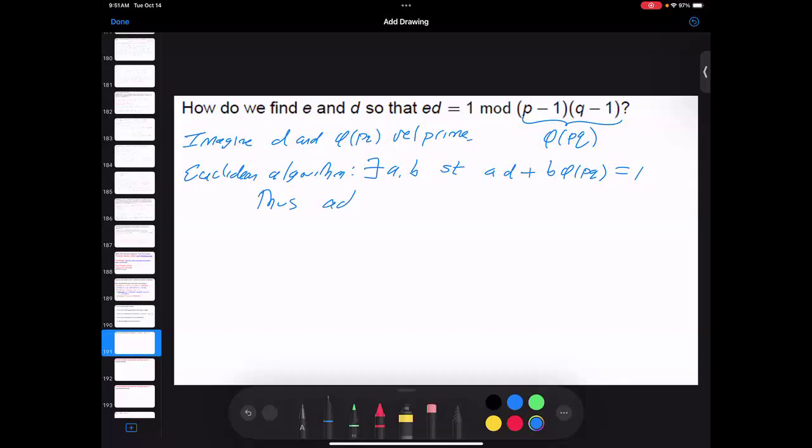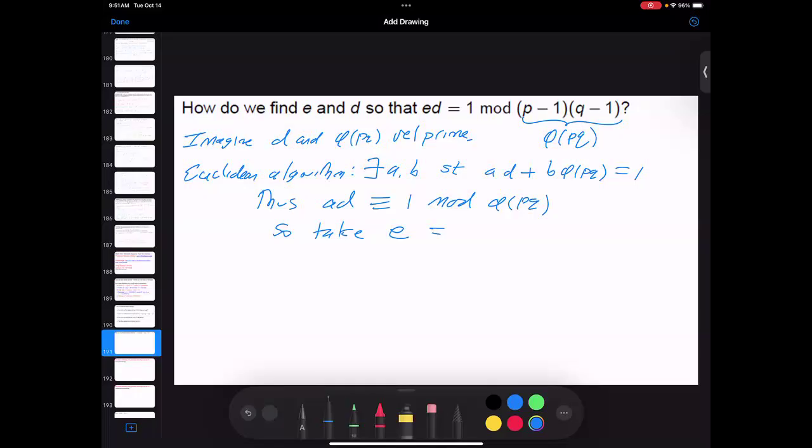Thus, ad is congruent to 1 mod phi of pq. So what should we take e to be? So what would our e equal? We're trying to find a number such that when we multiply d by it, we get 1 mod phi of pq.